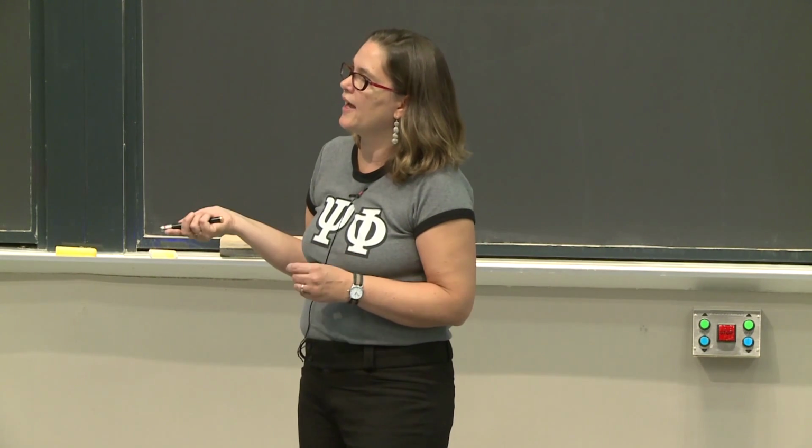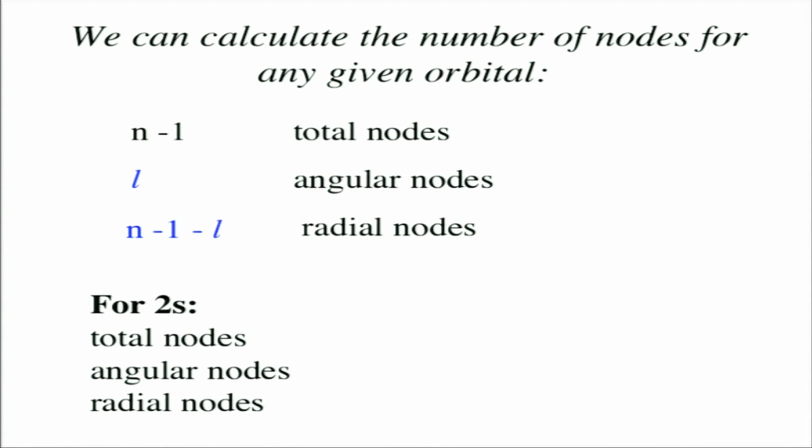So for 2s, total nodes, and you can just yell this out, total nodes will be what? 1. 2 minus 1 or 1. Angular nodes are? 0. For 2s, there is none, and if you forget, L equals 0 there. Radial nodes is going to be? Right. 2 minus 1 minus 0, or 1.